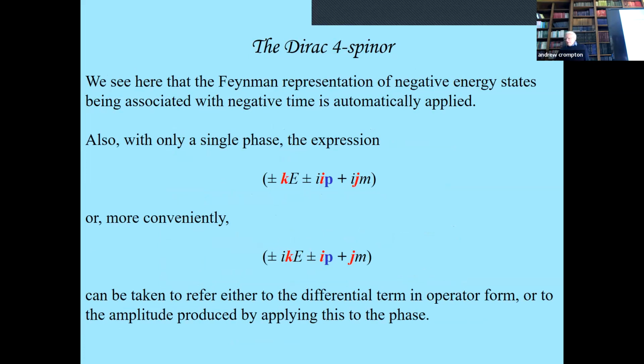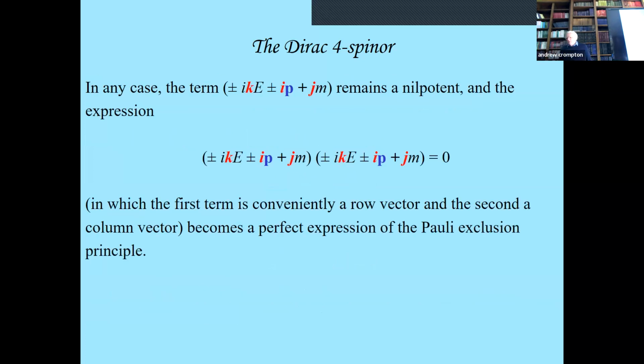So I'm now going to have minus K plus IP plus Jm. Right, so that can either be an operator because we're used to using E and P as operators, so they become d by dt and d by dx and so on. They're just operators, or they're parts of the eigenvalue, the wave function, energy and momentum.